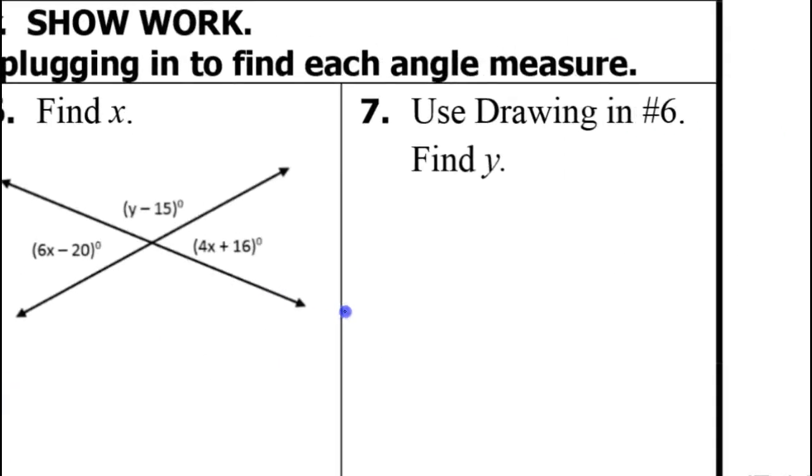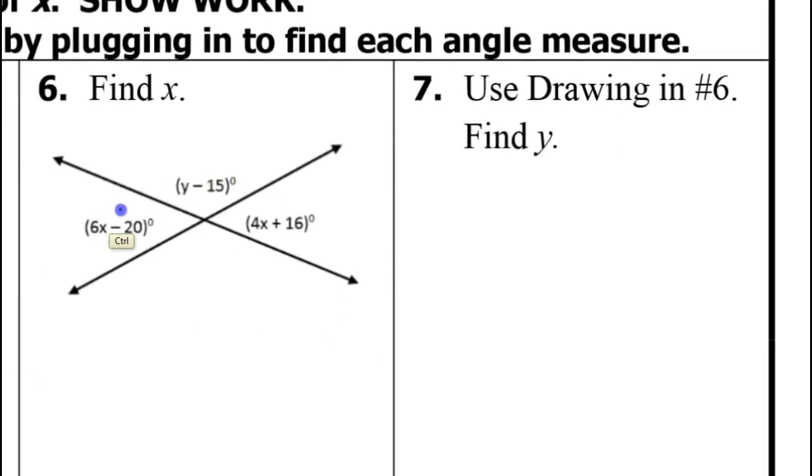Okay, number 6. Well, let's just take 2 at a time. These angles are vertical angles. So I know that they will be equal to each other. So I should be able to do 6x minus 20 is equal to 4x plus 16.